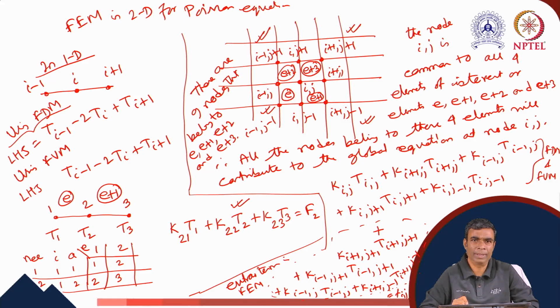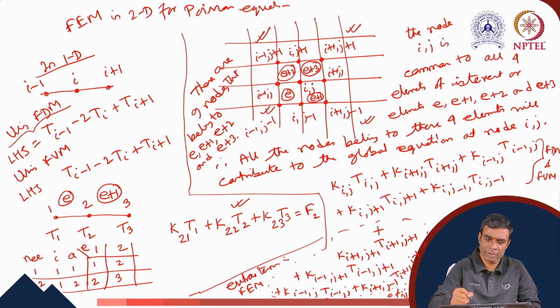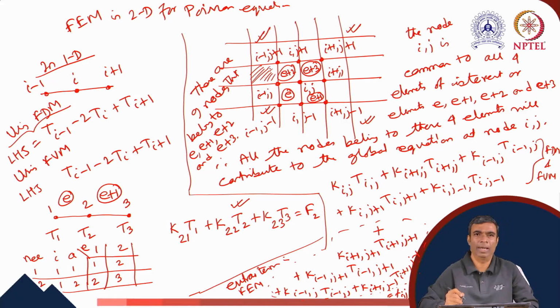So when we discretize the mixed derivative by using finite difference approximation, then we get these 4 corner nodal points I plus 1 j plus 1, I plus 1 j minus 1, I minus 1 j plus 1, I minus 1 j minus 1. Now using bilinear quadrilateral elements in finite elements, these 4 corners contribute to the discretized algebraic equation. So for example, this is a finite element, just we are showing it. So this is a bilinear quadrilateral element.